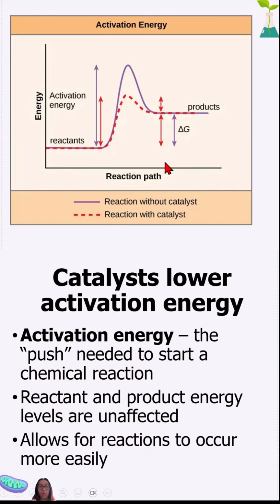And again, the whole point of a catalyst is to allow reactions to happen more readily or more easily. And of course, in a living thing, that is really convenient. And so enzymes are proteins found in living things that act as catalysts. Their whole job is to lower the activation energy and make sure that reactions are happening more easily.